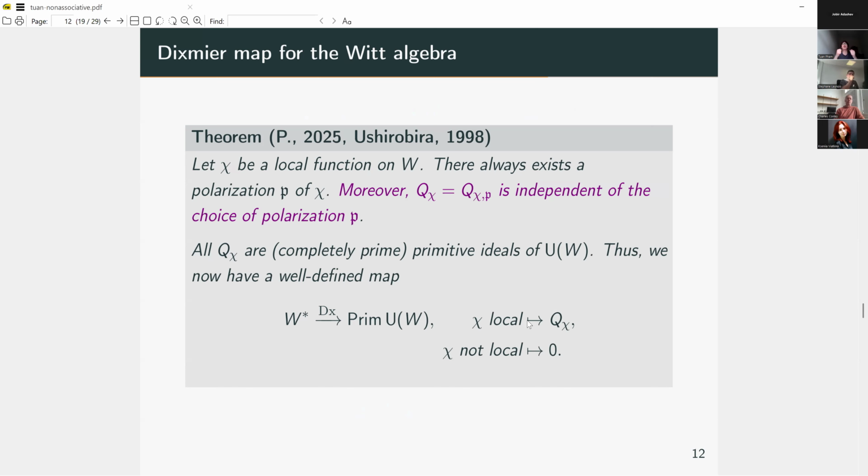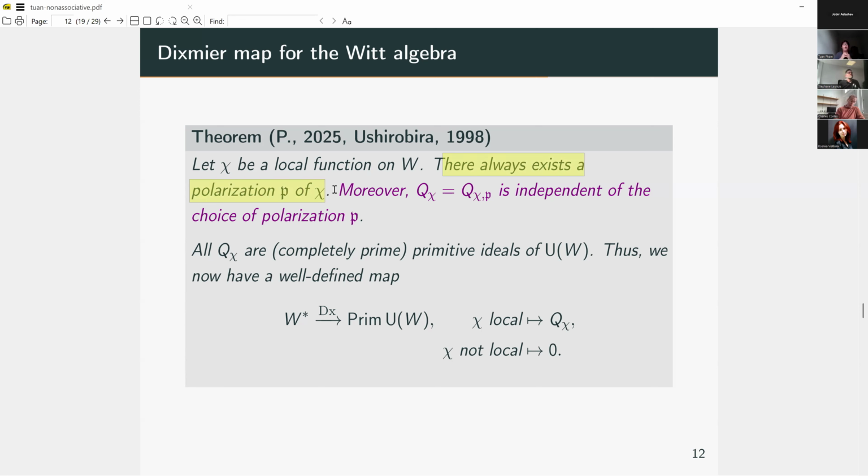I just want to stress here that one of the main reasons why the orbit method does not generalize very well to other classes of algebras is that there might not always exist a polarization for every element of the dual space, but for us it always exists.